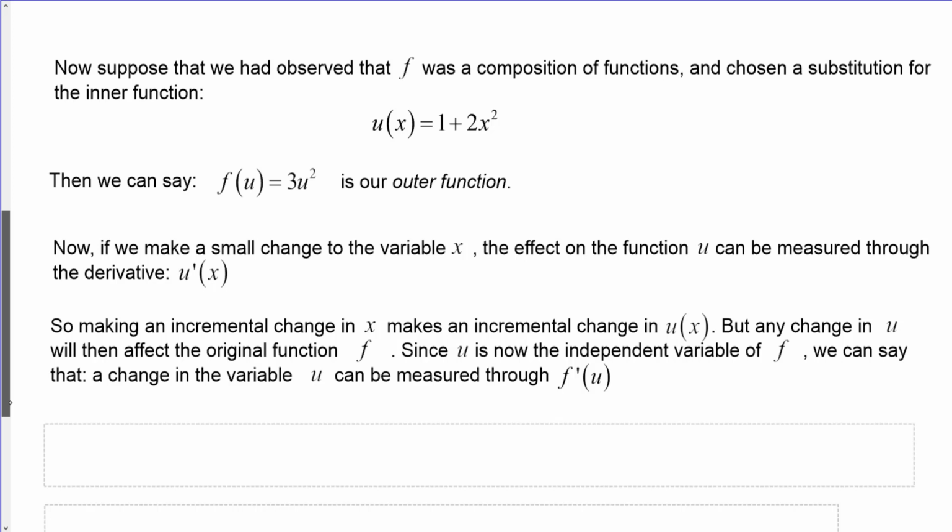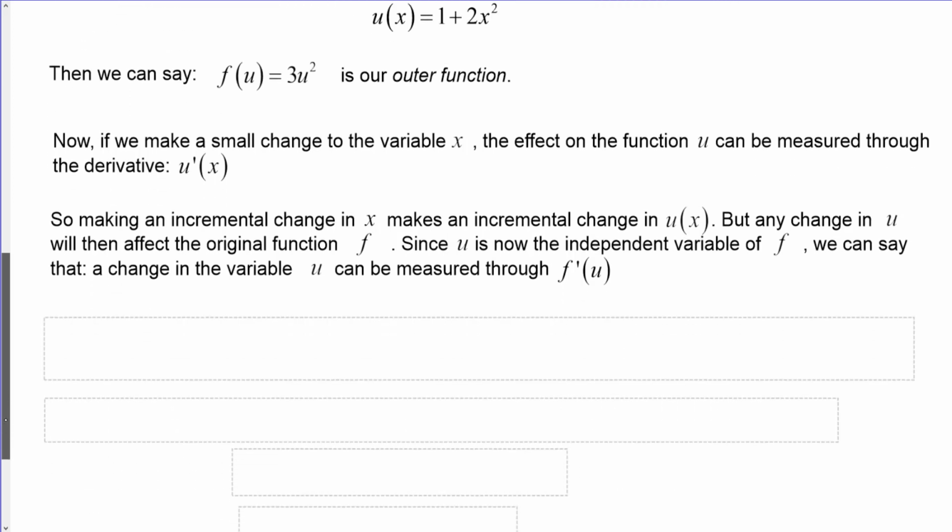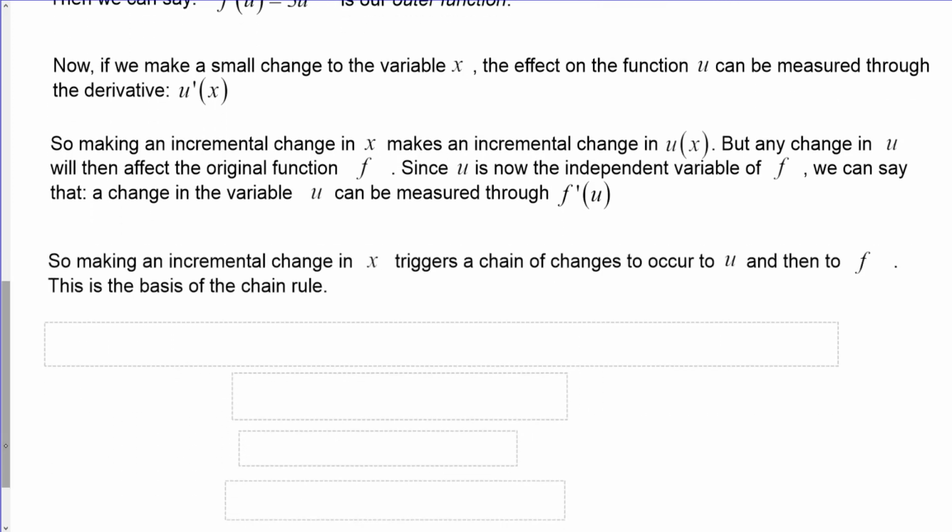And we can say that a change in the variable u can be measured through f prime of u. So making an incremental change in x triggers a chain of changes to occur, starting with u and then to f. So this is the basis of the chain rule, that things happen in a chain.